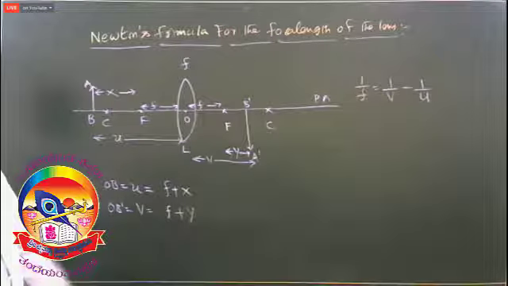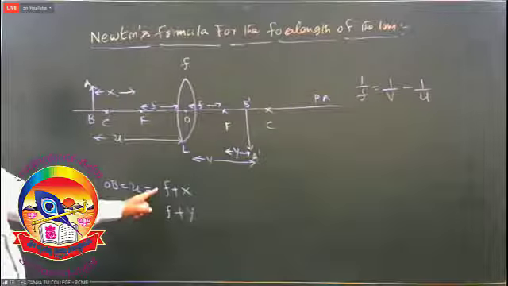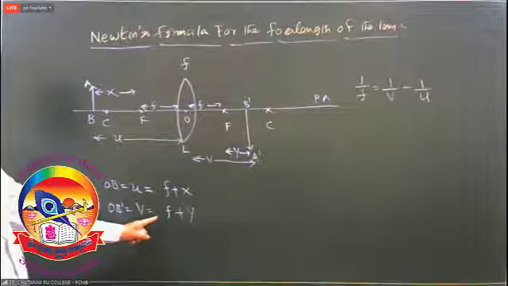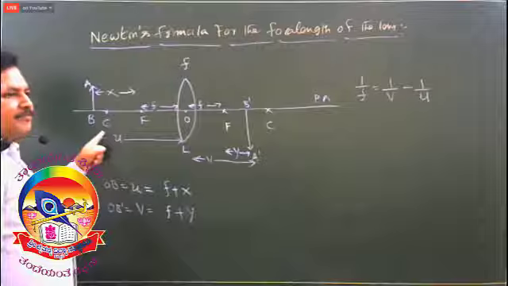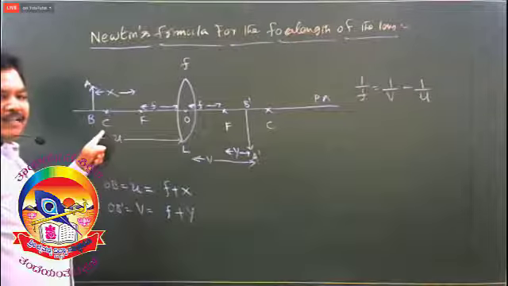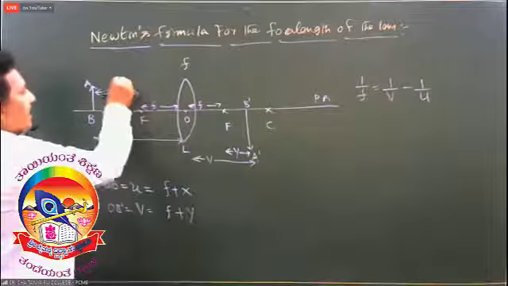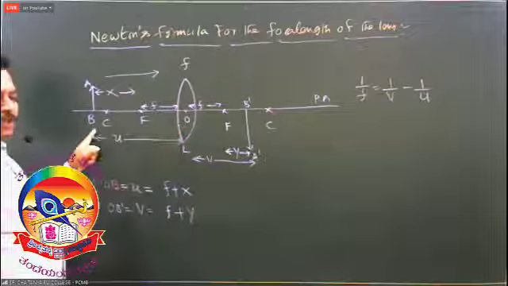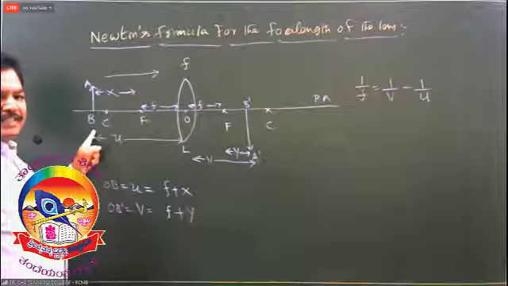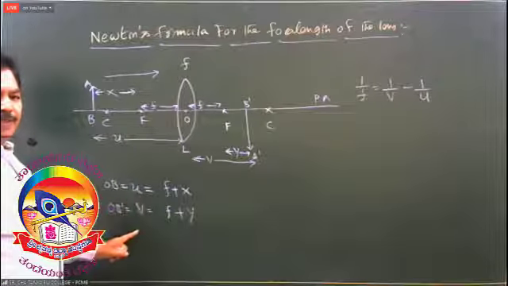Put the values of u and v with sign convention. The u value is negative because it is measured opposite to the direction of the incident light ray. Light rays fall in this direction, and O to B is opposite to the direction of incident light ray. So u is negative, v is positive.